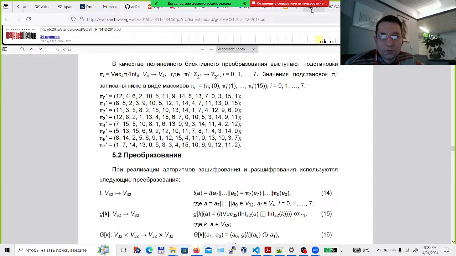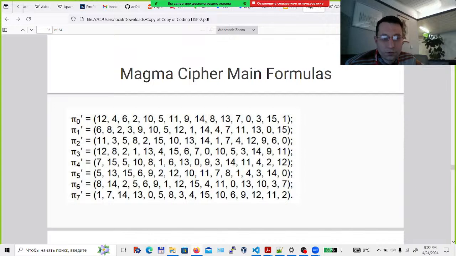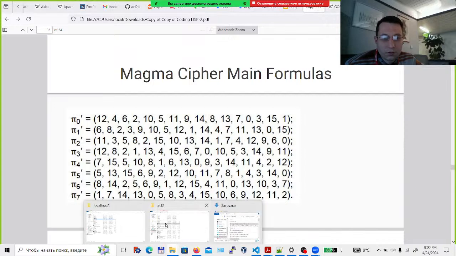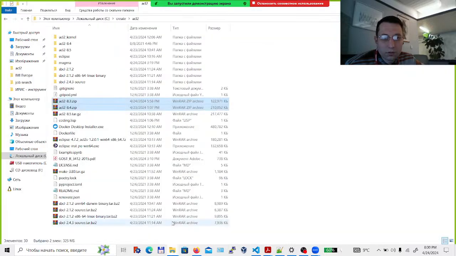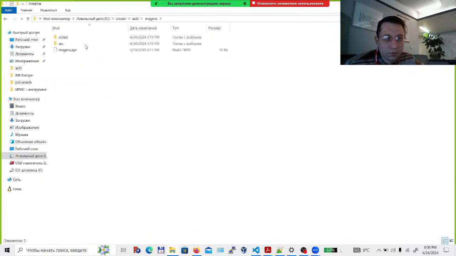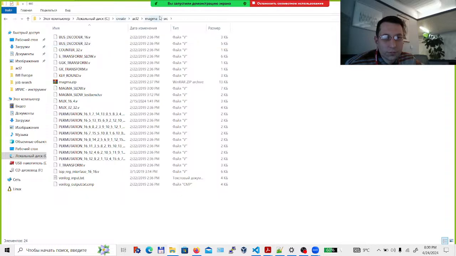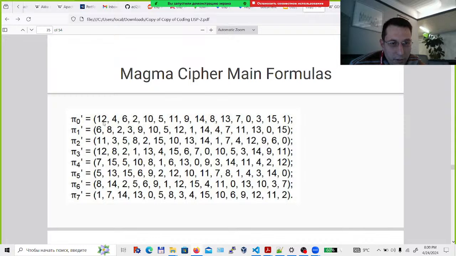So I have implemented this inside the Verilog. You can find this using some kind of sources. It's a Vivado project. Let's check the actual implementation of this permutation.